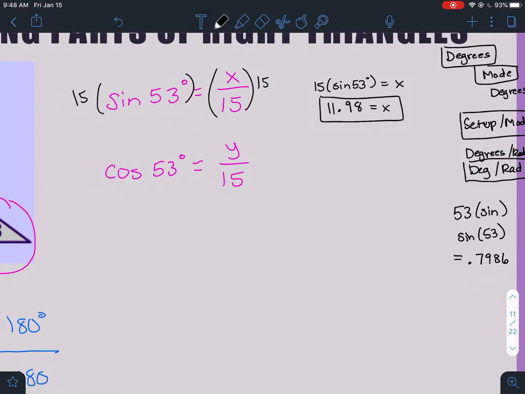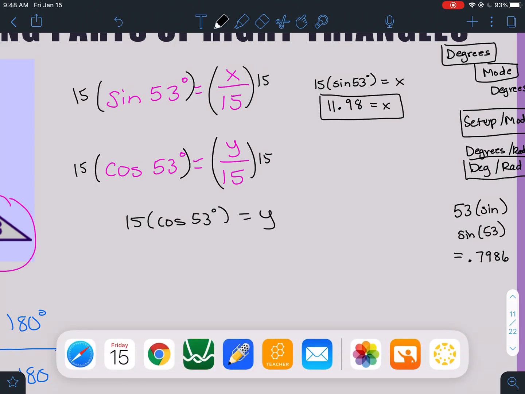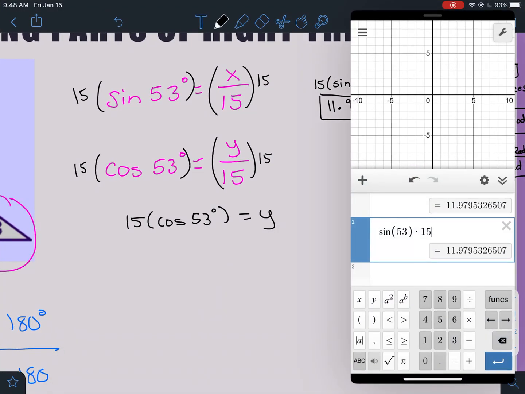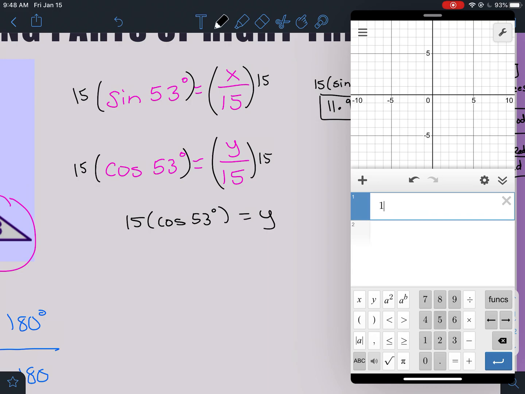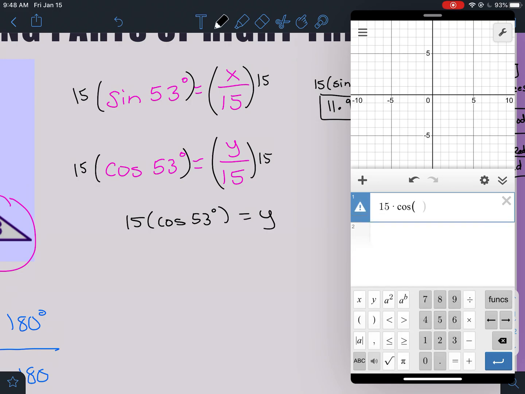All right. The next one says the cosine of 53 degrees equals y divided by 15. Well, to solve for y, again, we're going to multiply both sides by 15. And so it's going to be 15 times the cosine of 53 degrees equals y. So now same thing. This time we're going to select the cosine button. So we're going to do 15 times the cosine of 53 degrees. So cosine's the second button, and then 53.